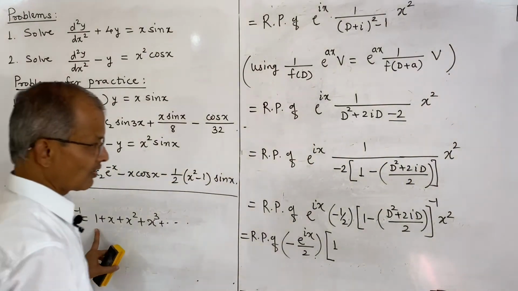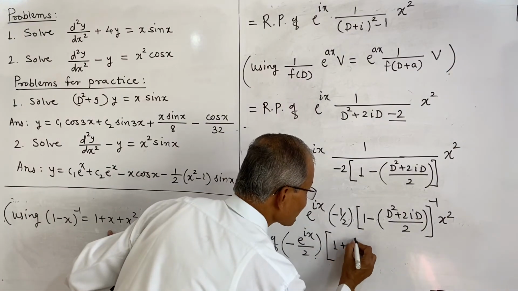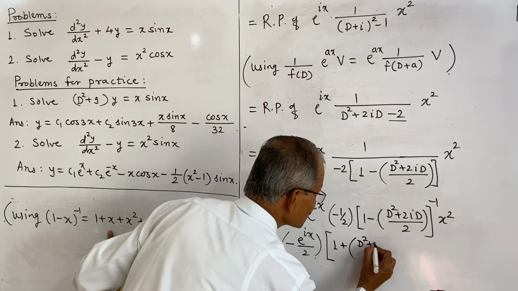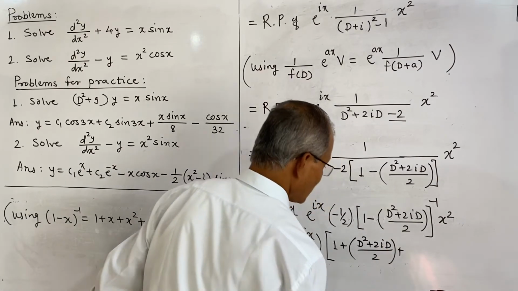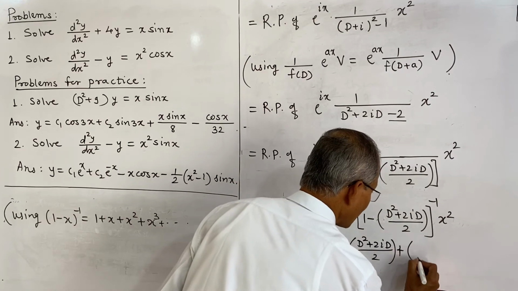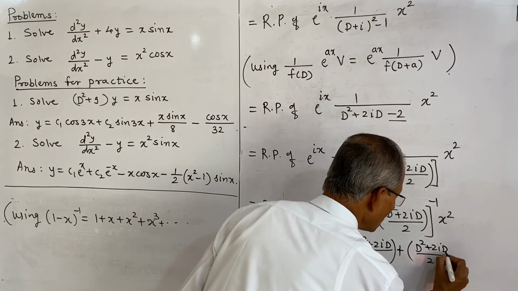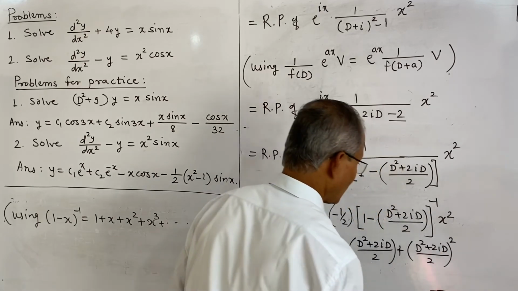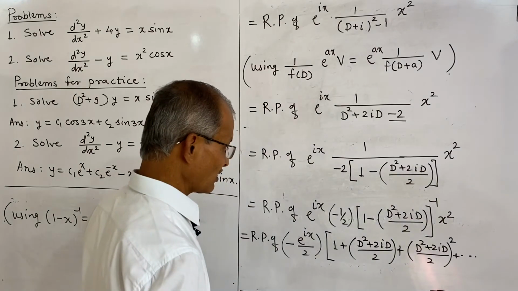That is 1 here, and what is x? x is this term, that is D square plus 2iD divided by 2, it is x, plus square of that, D square plus 2iD divided by 2 whole square, etc., plus so on, and that is operated on x square.